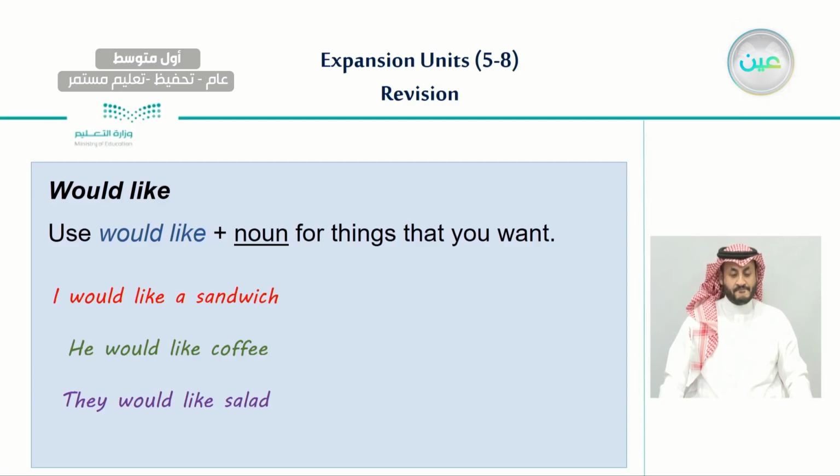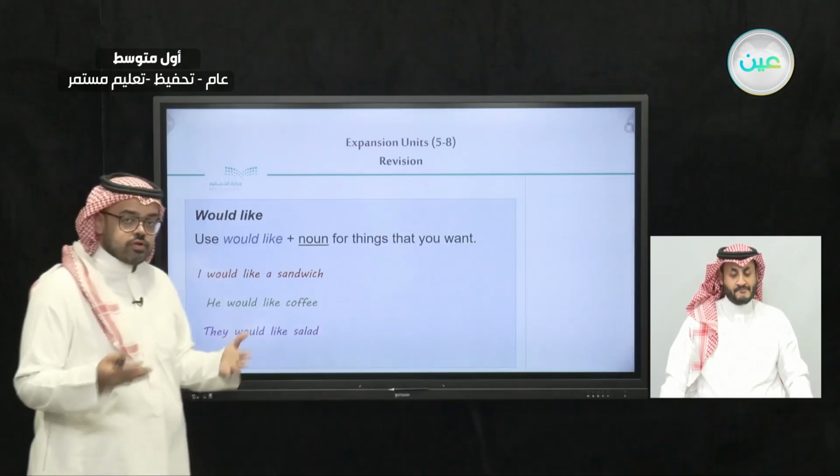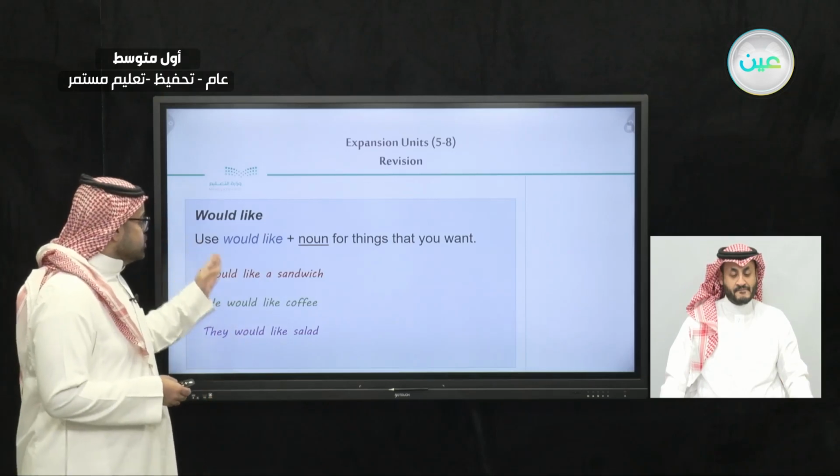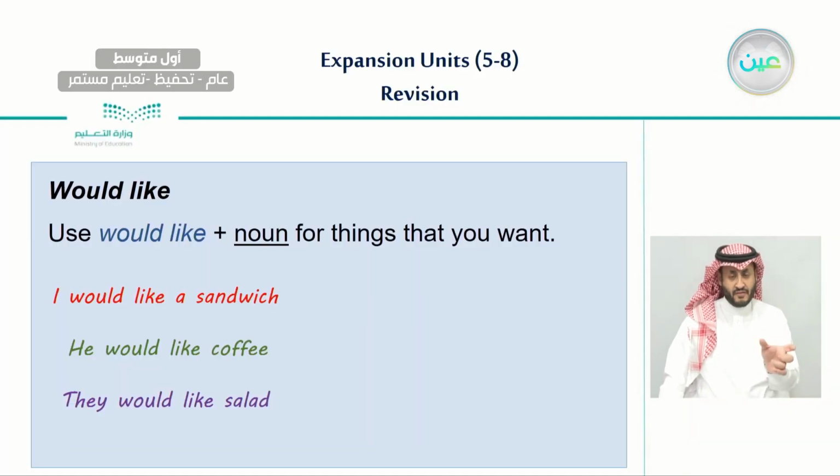And here we have two kinds of using the verb would like. The first one is if we use would like with a noun, and that is only for things or nouns that we talk about. For example, I would like a sandwich. So here, after would like, we have used a noun, not a verb.